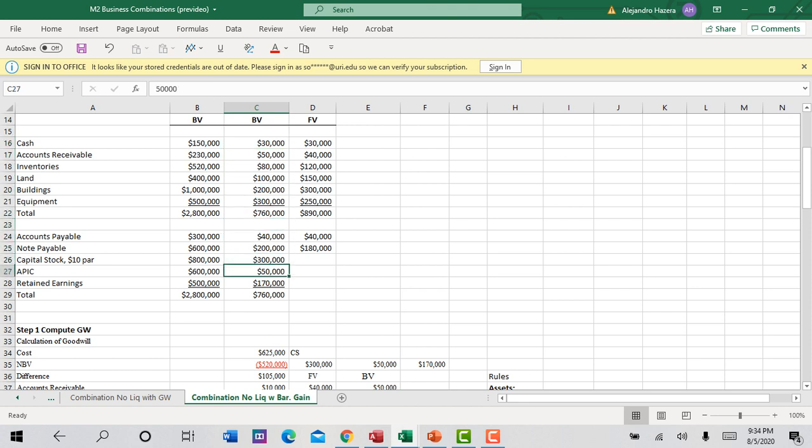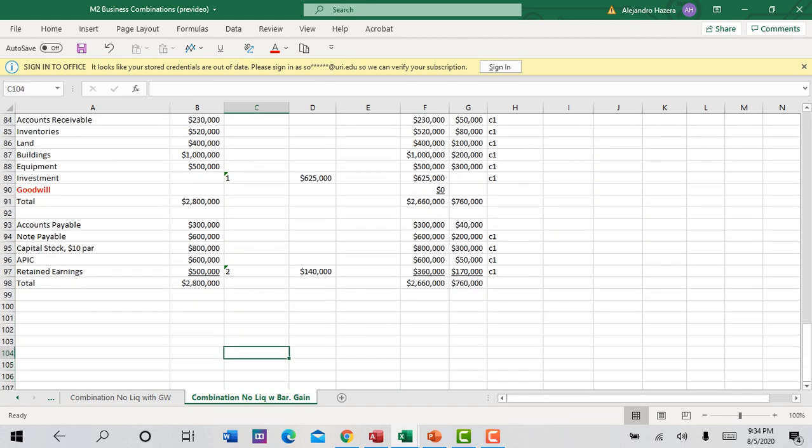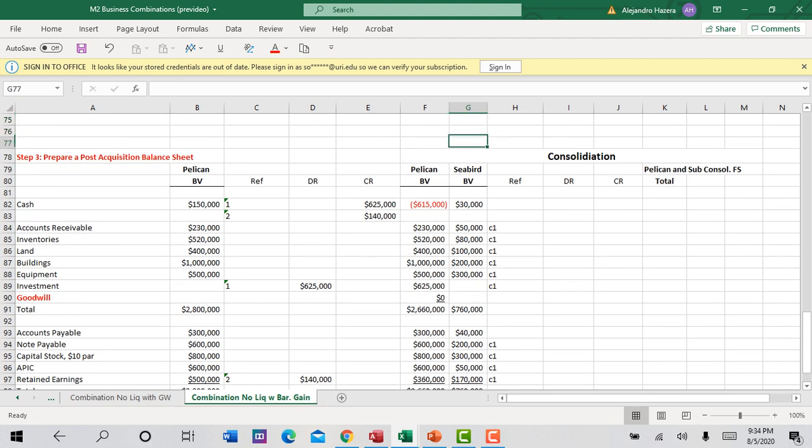You can see that it's 760 and 760. So in a consolidation we're going to take the parent's adjusted balance sheet after you make the investment entry, which is basically the parent's book value statement and the sub's book value statement.